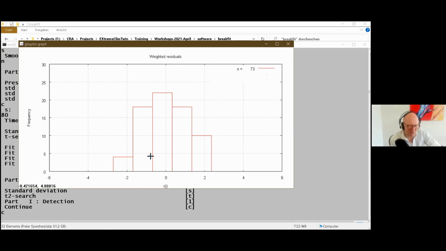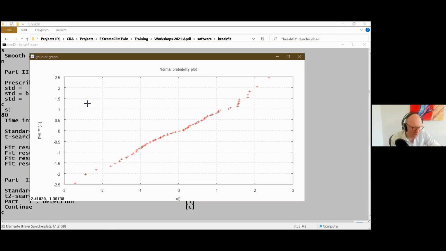Okay, it may be Gaussian, maybe not Gaussian. It's difficult to make such a statement on the basis of data as few as 73. At least it's not so badly behaved. Okay, let me press enter, and we now see the normal probability plot. Well, no big news. It is somehow straight.